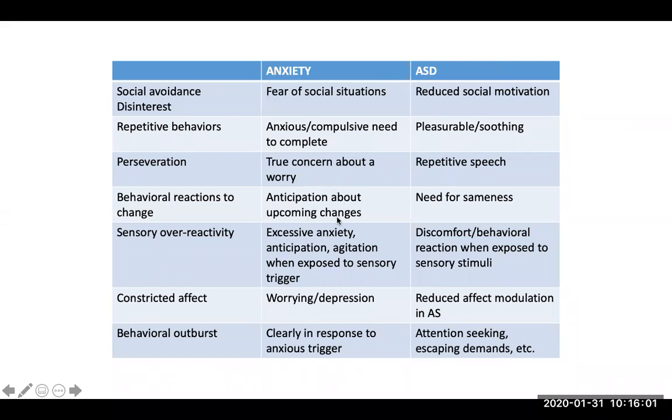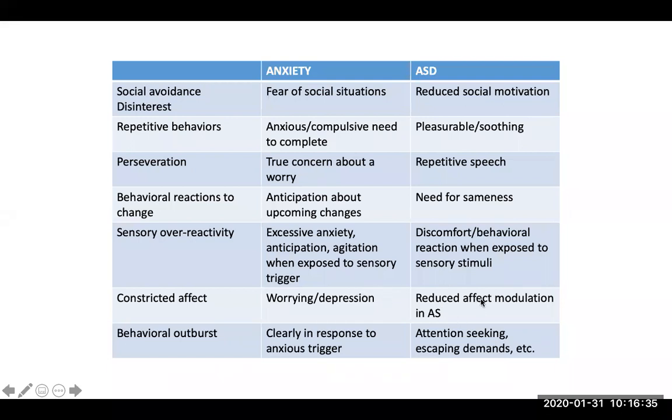Reactions to change. In people with anxiety, there's a lot of anticipation of change. In autism, there's not that much anticipation anxiety, but there's a need for sameness. And people with autism have a lot of sensory overreactivity, but people with anxiety may have a lot of anticipation, agitation before the sensory trigger.